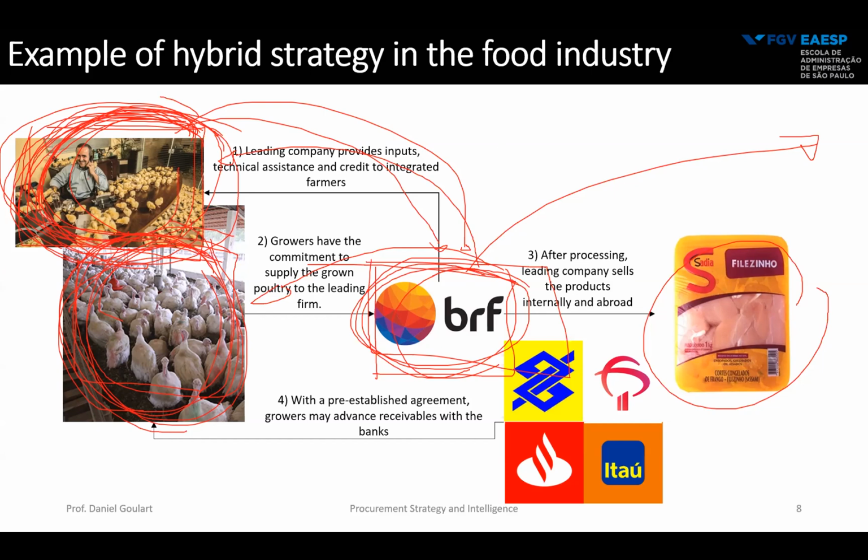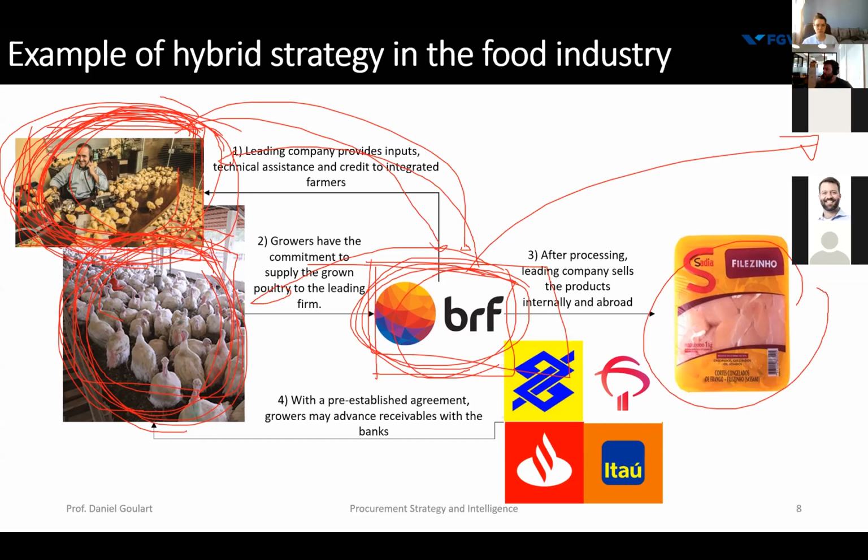Professor? Yep. Does BRF work as an appraiser for the credit approval? Yeah, you mean if they make the assessment of the credit for approval or not, right? I think that's the word, avalizador. I don't know. Ah, okay. Yeah, it can be appraisal.